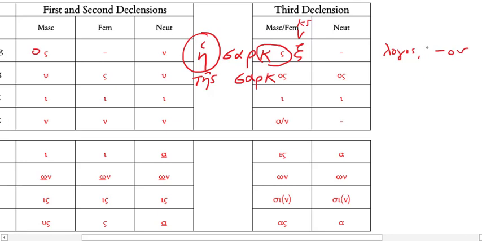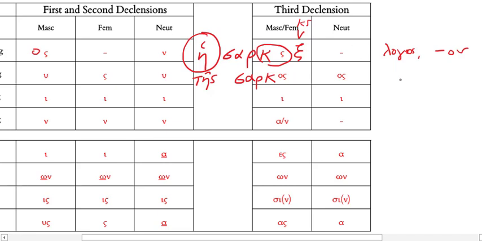Now, why does he give you the genitive singular? With first and second declension nouns, you don't really need it, although it can be helpful. There are some forms where it does help us, and we'll talk about that maybe in a minute. But you really need it for your third declension forms.